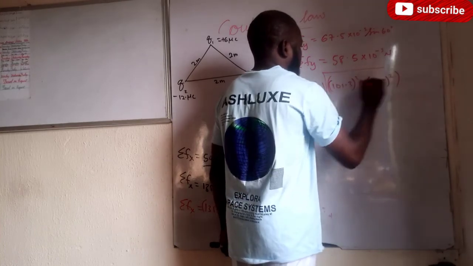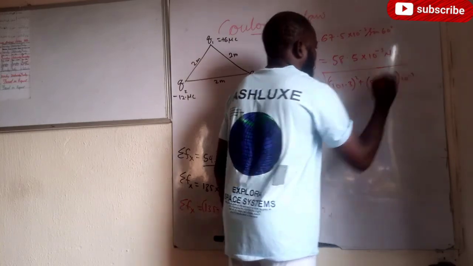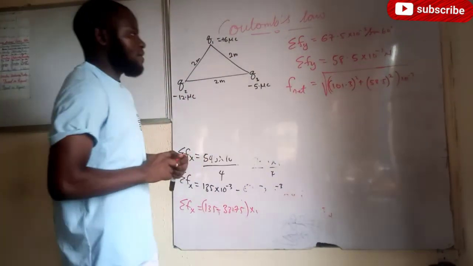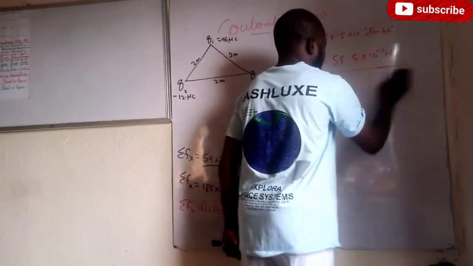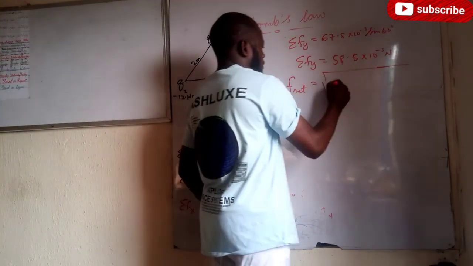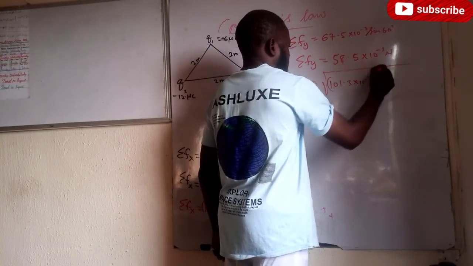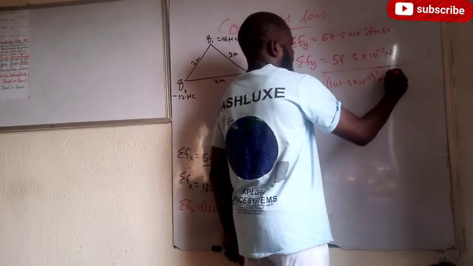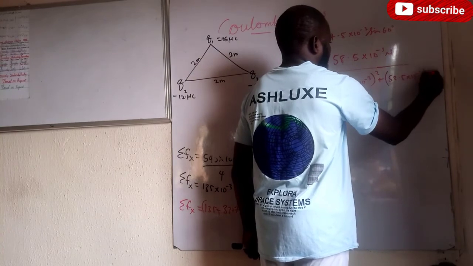Then everything multiplied by 10 to the power of minus 3. Okay? I think for us not to make a mistake here, this result is not correct. 101.3 times 10 to the power of minus 3 all square plus 58.5 times 10 to the power of minus 3 all square.